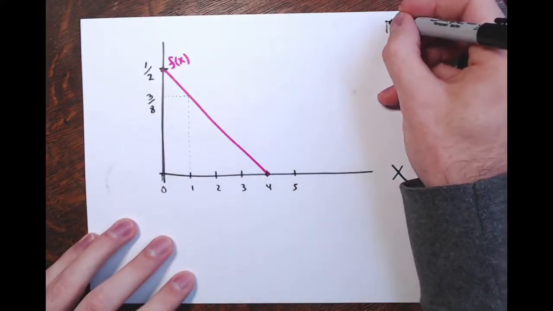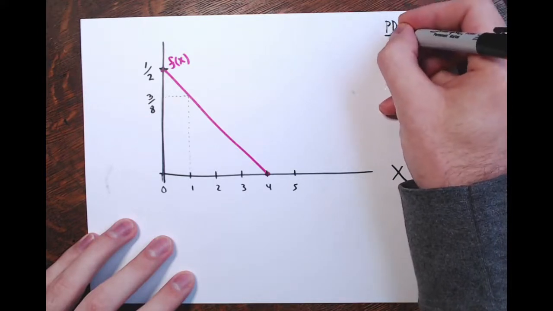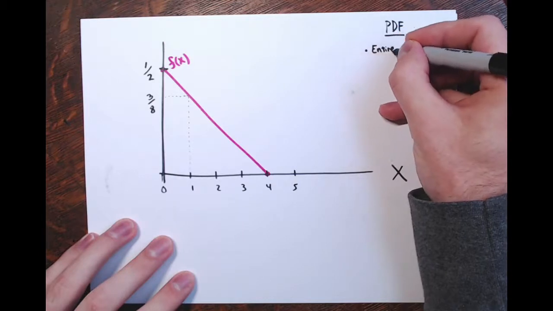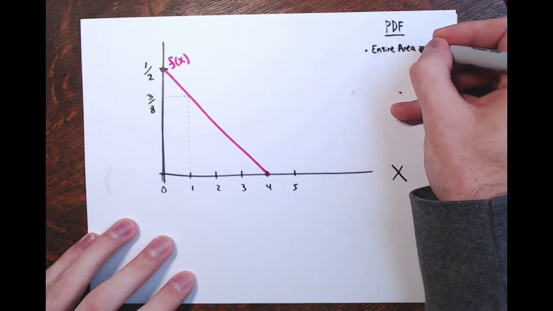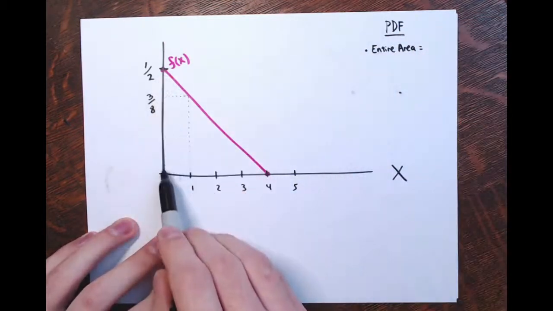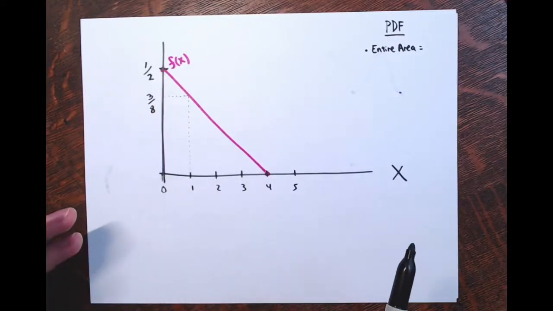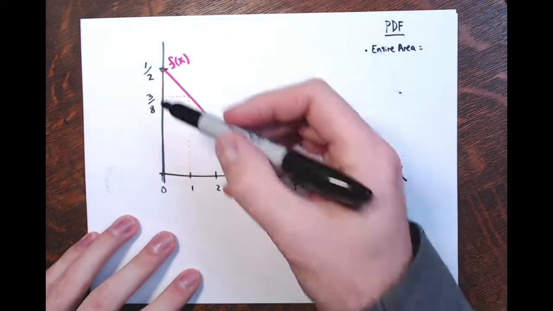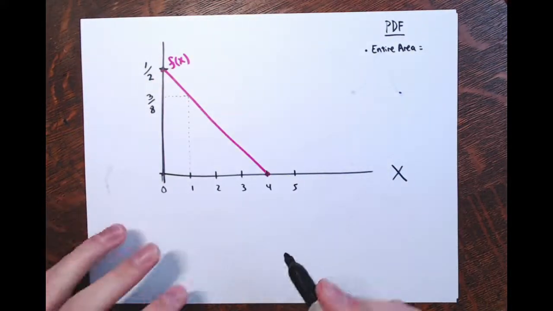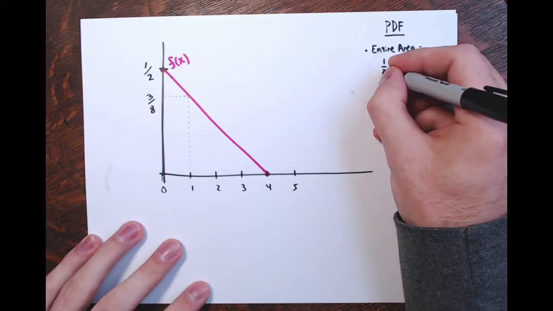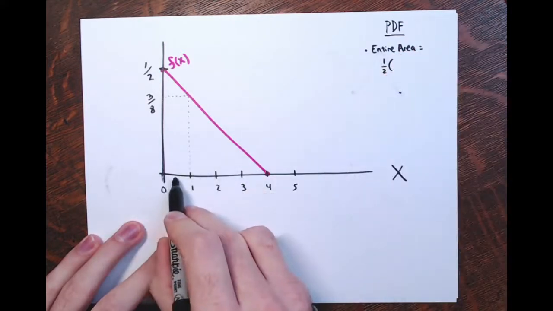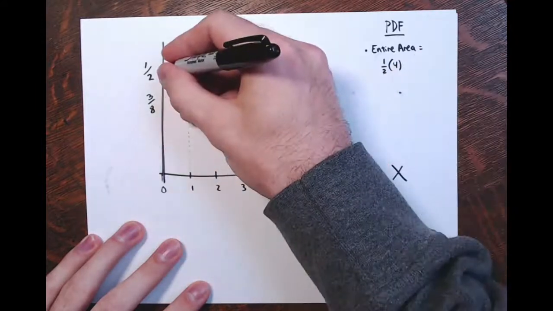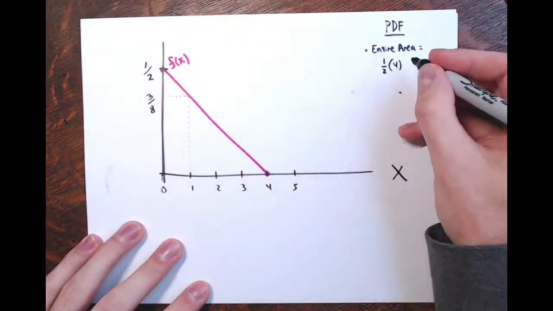So again, we've got this probability density function. What's the entire area under that curve? Again, it should be 1, and I'm just double checking. Now it's a triangle this time. The last picture was a rectangle. The area of a triangle is half the base times the height. So it's half times the base, a length of 4, and the height is a half, from the bottom to the top here.